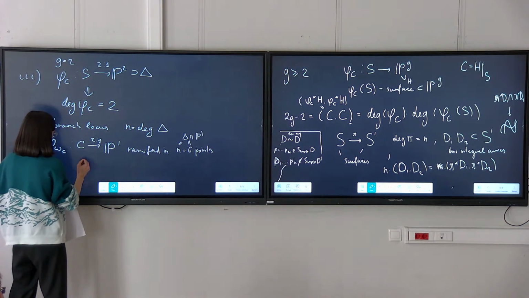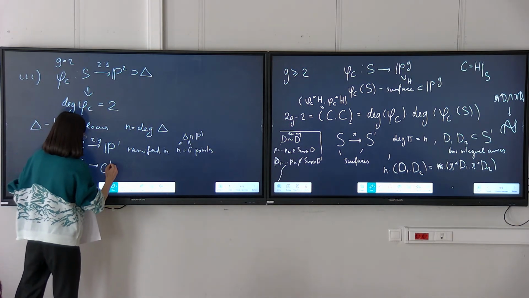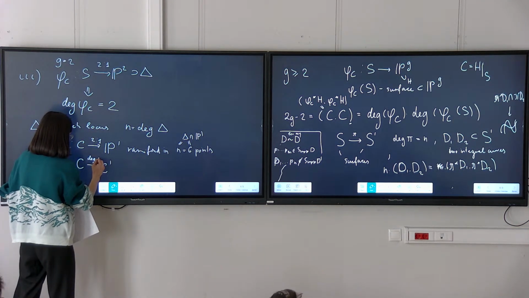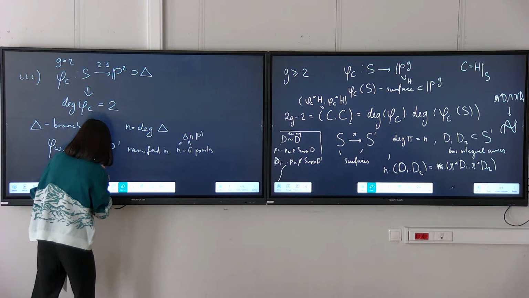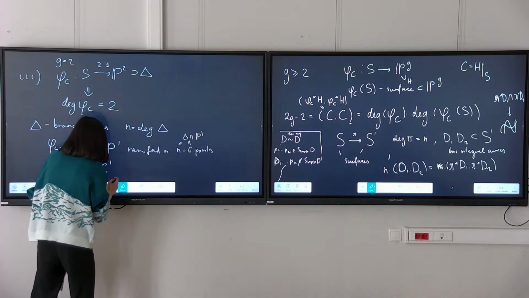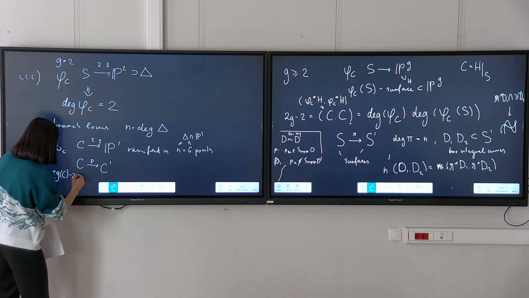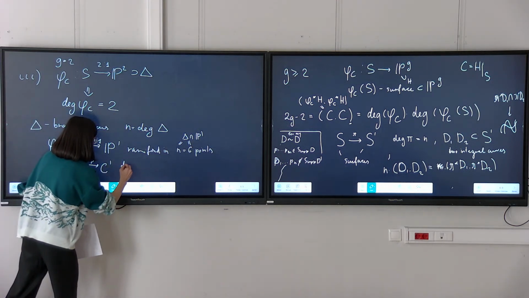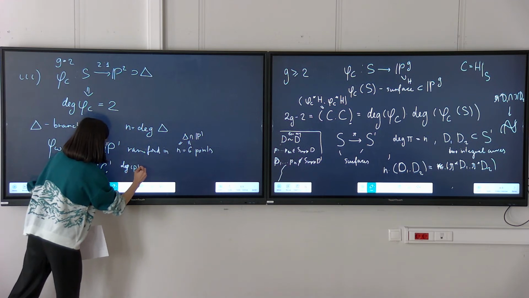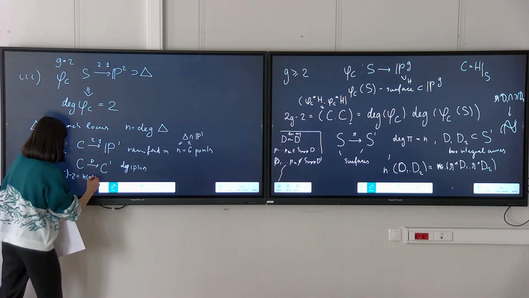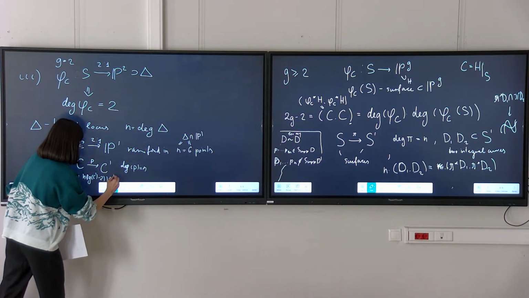If we have two curves and a map of degree n, then 2g(C) minus 2 is equal to n multiplied by (2g(C prime) minus 2) plus something about ramification.